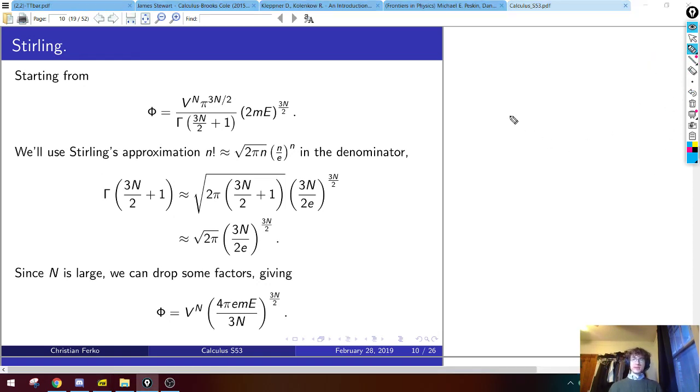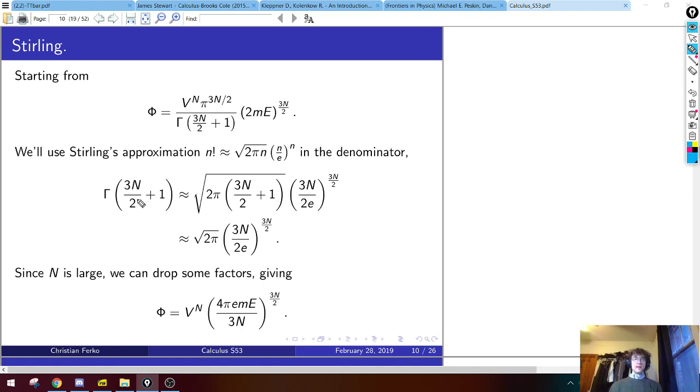Okay, well, as I signaled in the preview, we're going to use Stirling's approximation. Why? Because n is huge, n is like Avogadro's number, and we have a gamma function downstairs. So we're going to assume, first of all, n is so large that 3n over 2 plus 1 is approximately the same as 3n over 2. So I'm just going to drop 1s mercilessly, just kill every plus 1 somewhere.